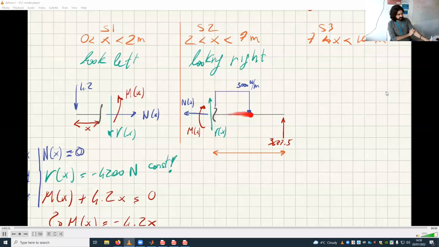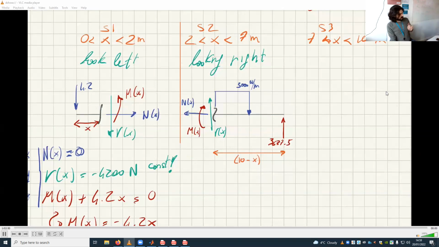This is not x, because there is no start of the beam. We are already at the cut, and this is the end of the beam. So how much is this distance? Well, if I sum this distance to x, I get 10. So this distance is 10 minus x. Yes, correct, Eva? All right.